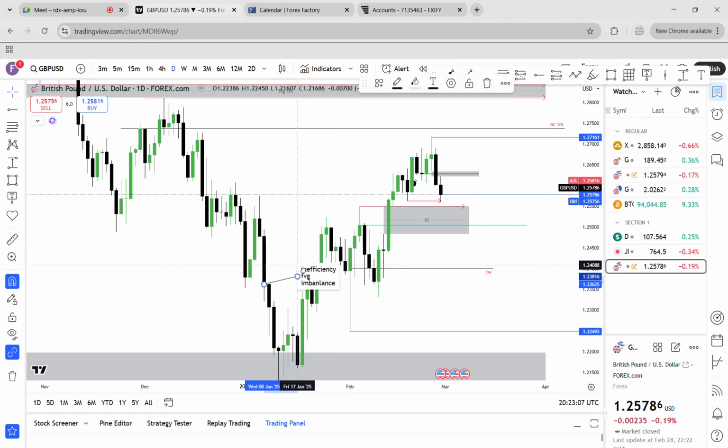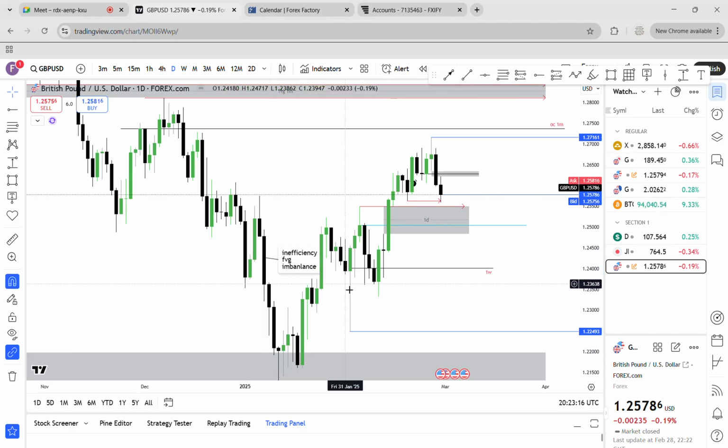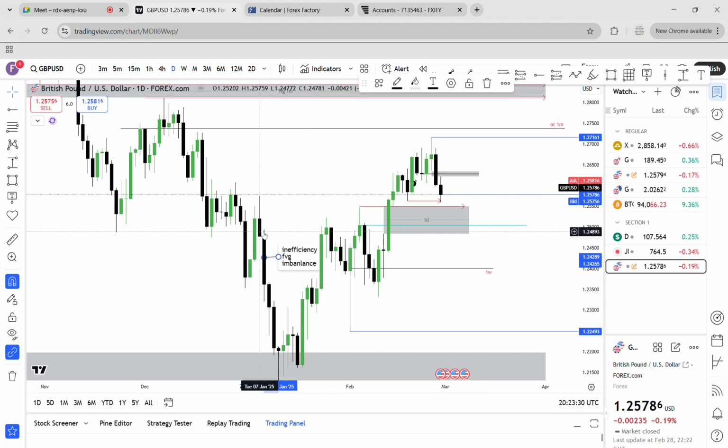This is the three names. Anywhere you see this thing, this is fair value gap, inefficiency, imbalance. It's the same thing we are talking about, just different names. And good, then you can screenshot it on that one, if you want to print it and put it on your table or something.